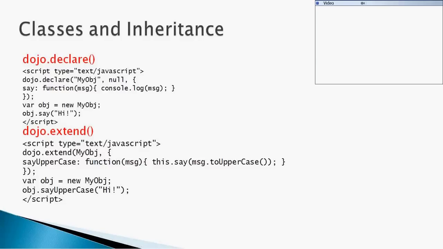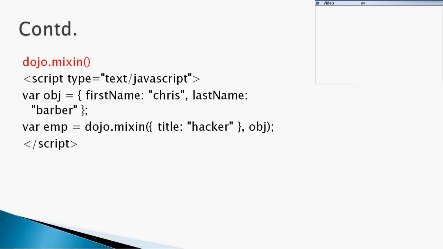Because there is no class keyword, Dojo tries to provide you that functionality. So if you are using Dojo, creating classes, creating objects is very easy. We'll see a lot of them. For doing that, there are some functions available. One is dojo.declare, one is dojo.extend, and there is one more, dojo.mixin.